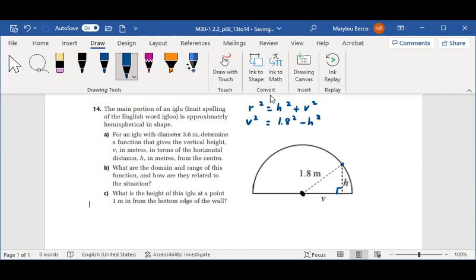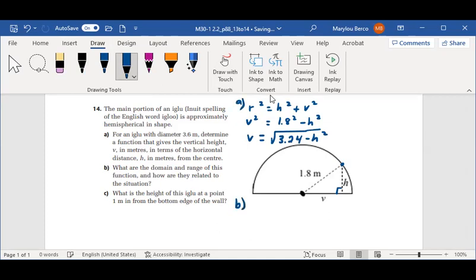So a function that gives the vertical height in terms of the horizontal distance will be v equals root of 3.24 minus h squared. That's for A.